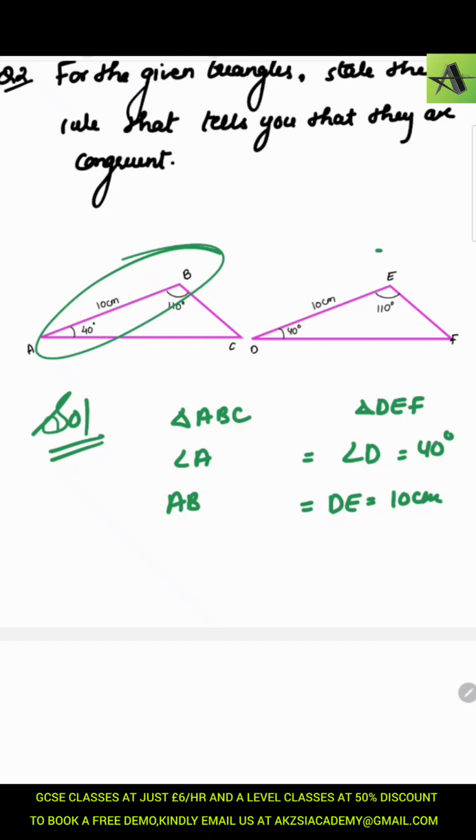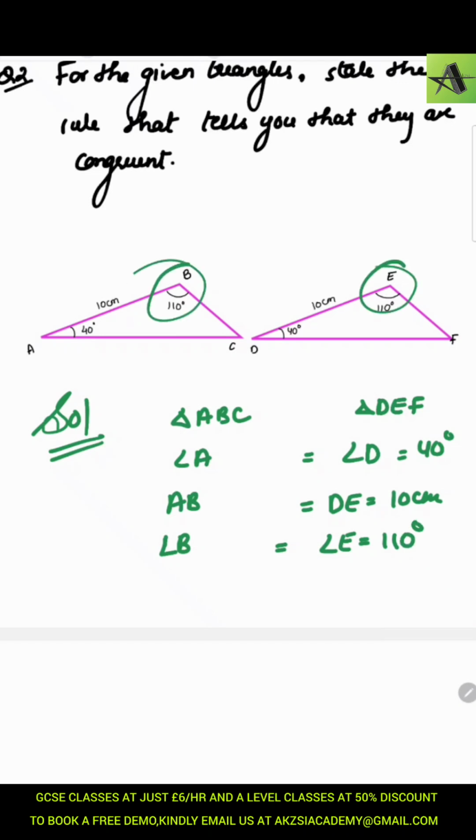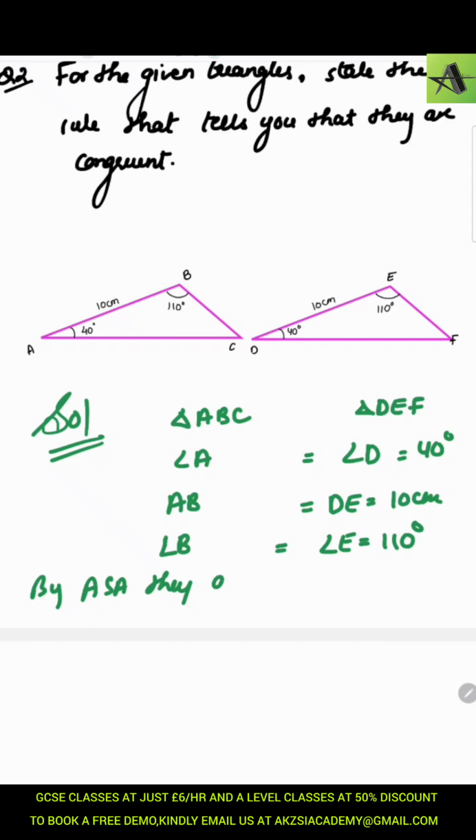This side and this side are equal, which is 10 centimeters. Now angle B equals angle E equals 110 degrees. This and this are clearly equal. So I can say angle, side, angle, by ASA they are congruent.